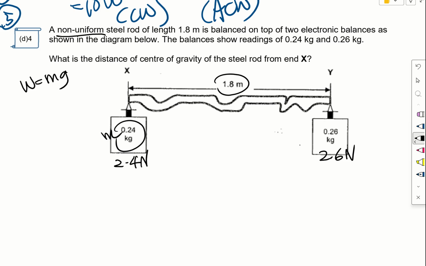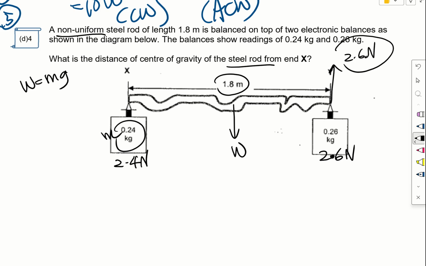That means the forces acting on the steel rod include the weight of the steel rod. We also have 2.6 Newton because by Newton's third law, the steel rod presses down on Y with a force of 2.6. The balance will exert an equal and opposite force on the rod.